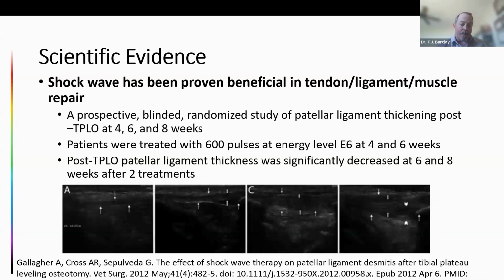This study was one of the first ones done in dogs, and this was evaluating the effects of Shockwave on patellar ligament desmitis after TPLO surgery.